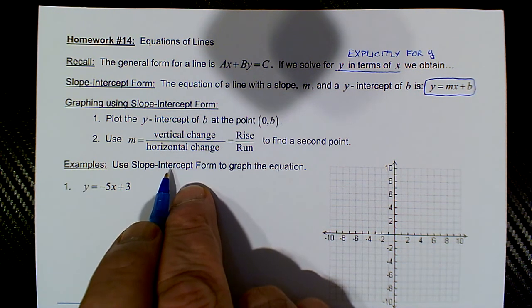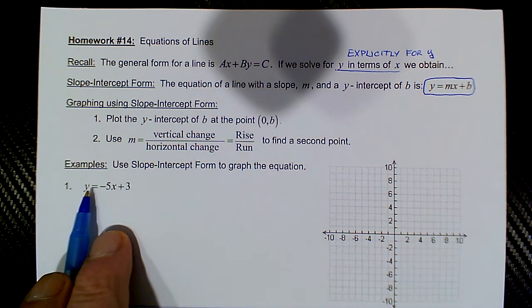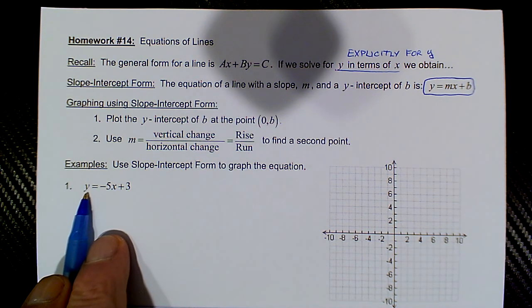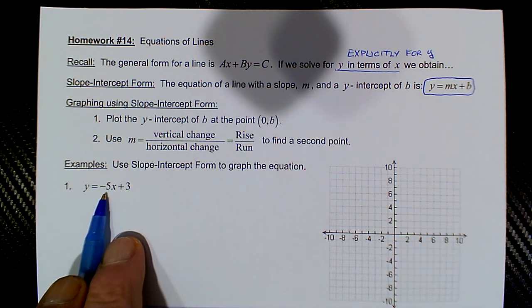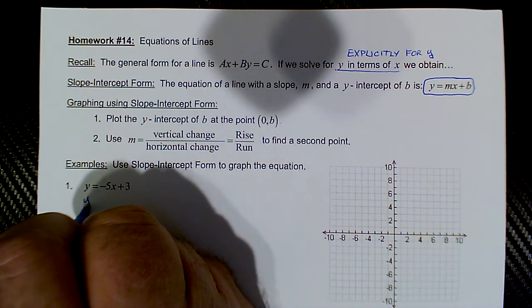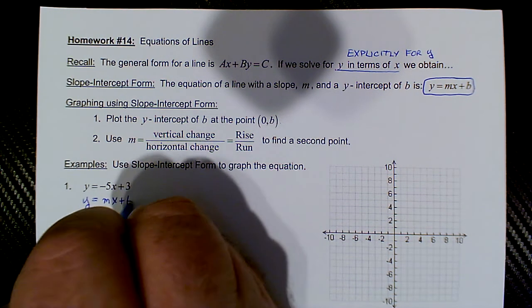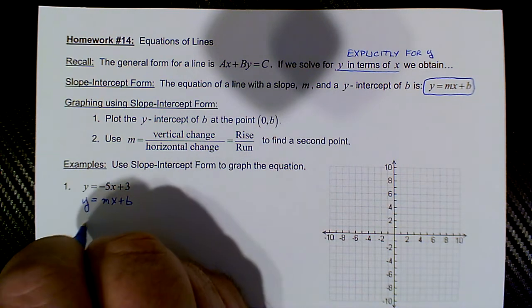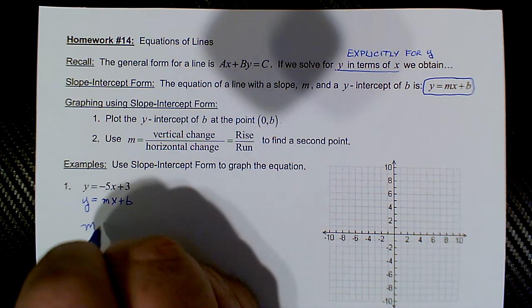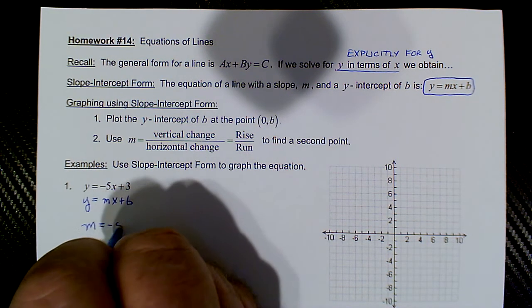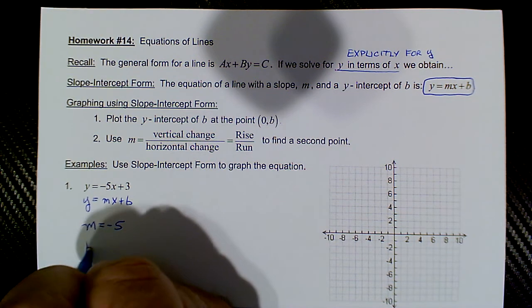So when you see an equation, fortunately this first one is already given in slope-intercept form, that is everything matches. So the form y equals mx plus b. So we simply extract the slope, which is -5, and the y-intercept b is the constant 3.